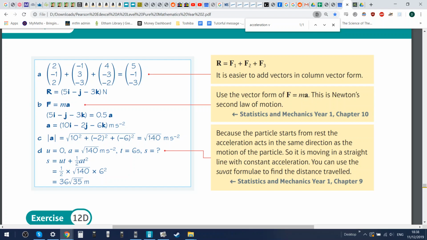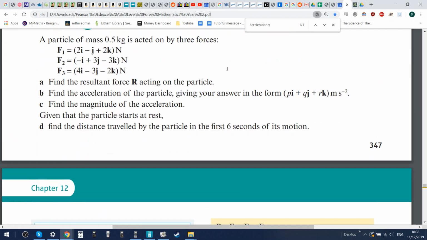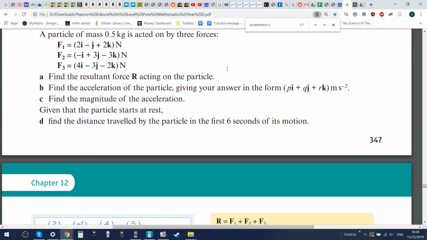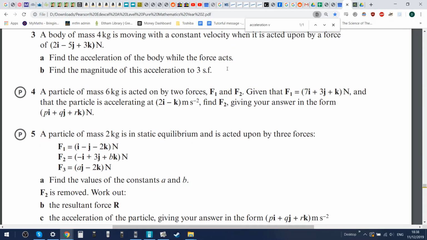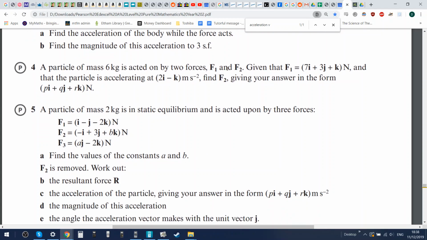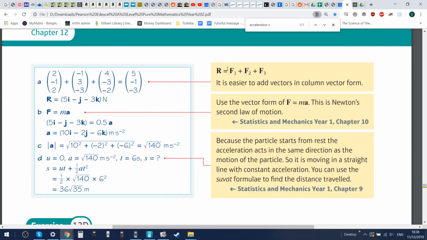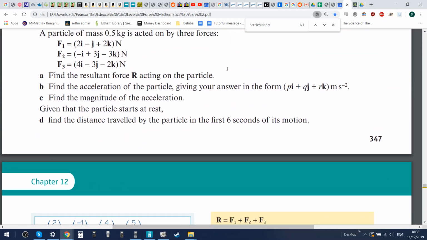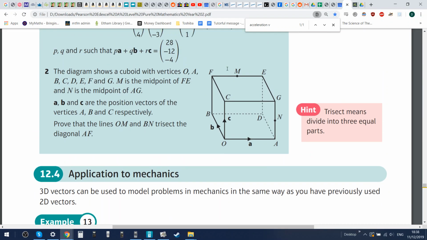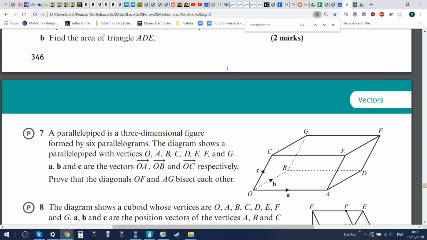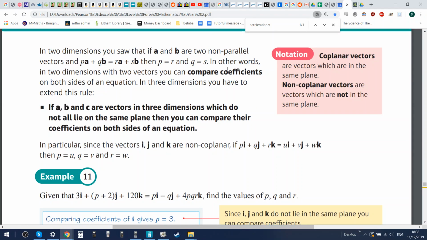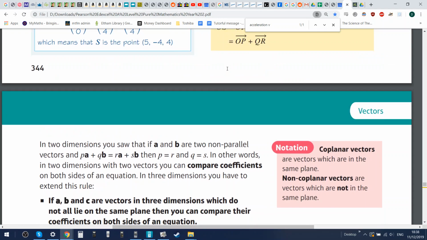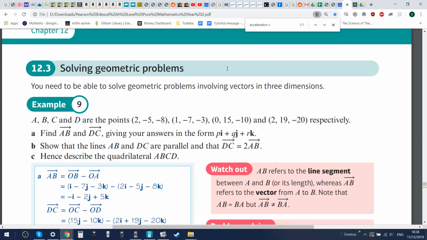How do we do that? Any idea how we go about that one?